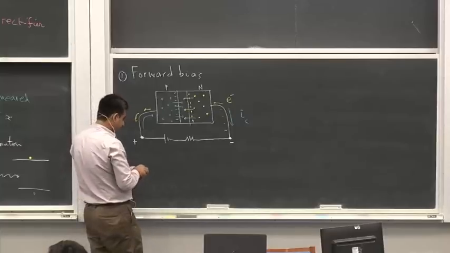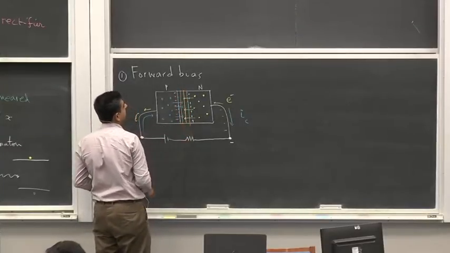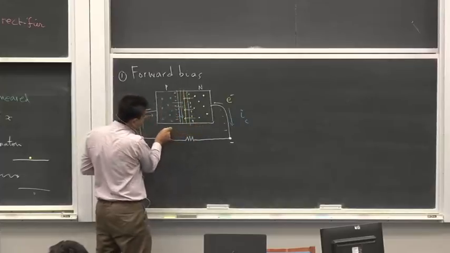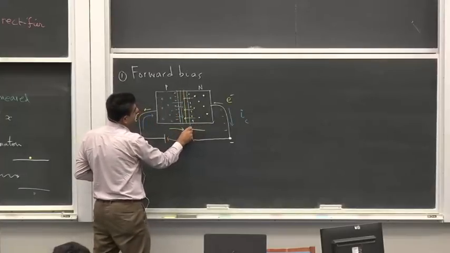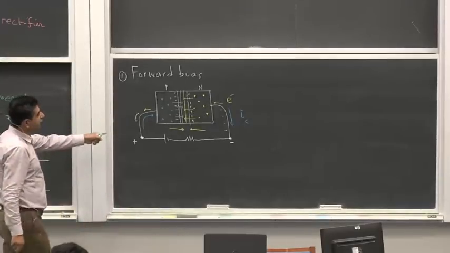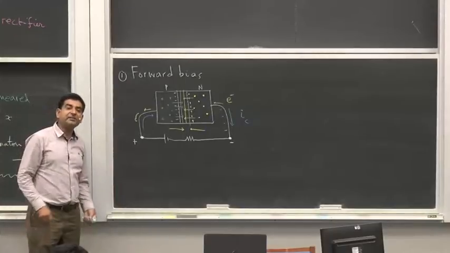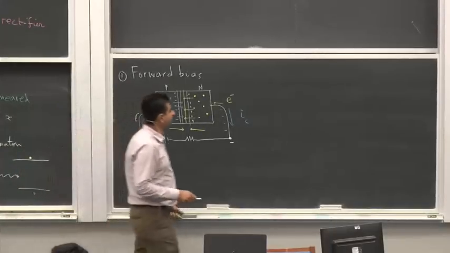And when this region shrinks, you have a smaller depletion region. The depletion region has now shrunk in. So this is what happens during forward bias. In reverse bias, the exact opposite happens.